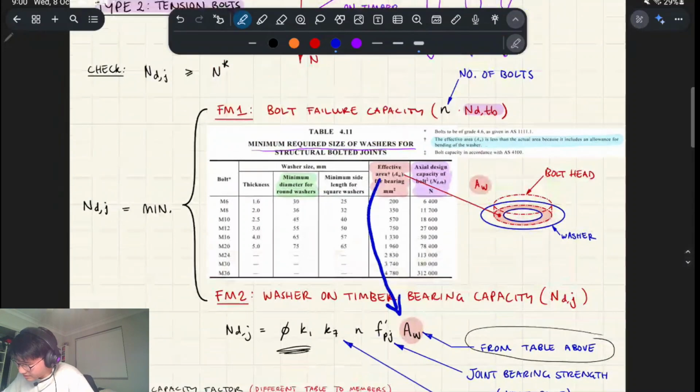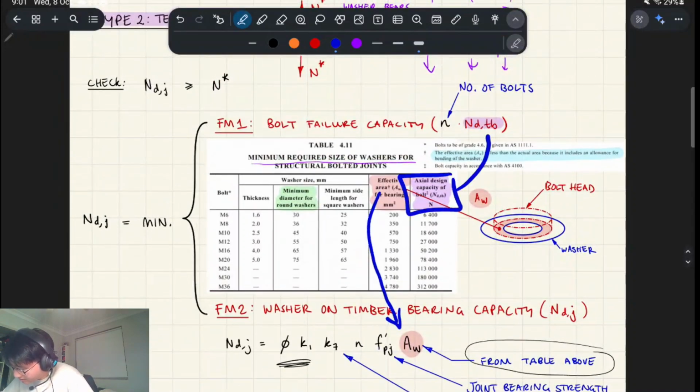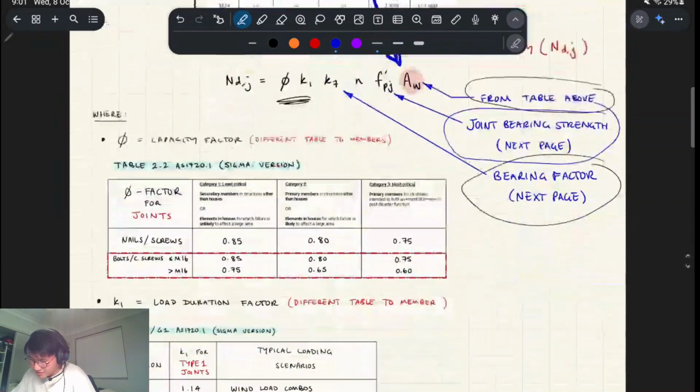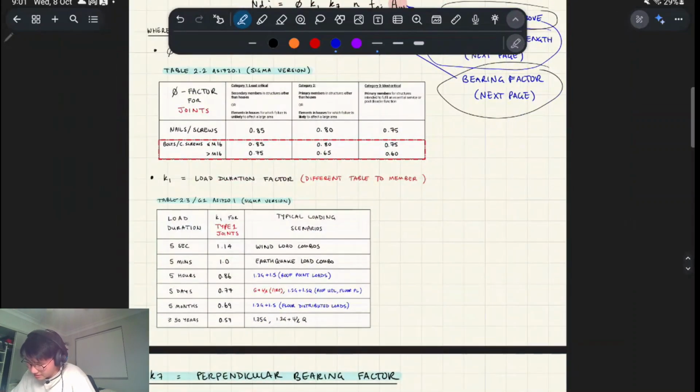The purple one is used for failure mode 1, so in this table they give you what you need to input straight into the formula. And this red one, you input into the next formula. So this table gives you failure mode 1 and failure mode 2's parameters. Joint bearing strength, we'll talk about on the next page.